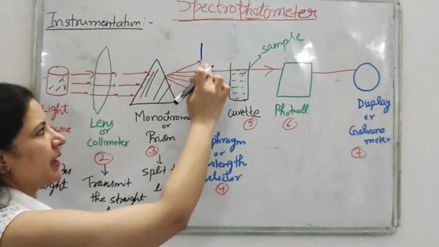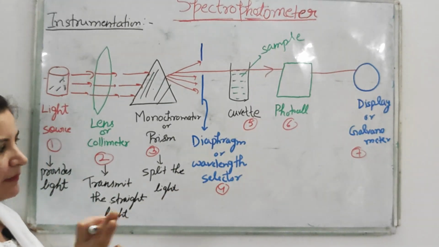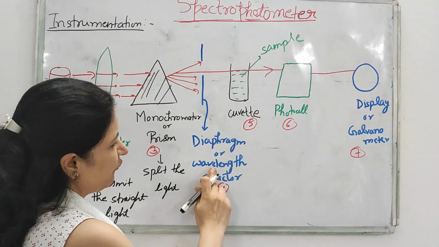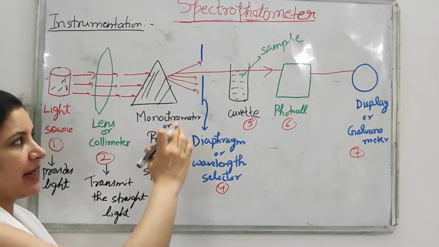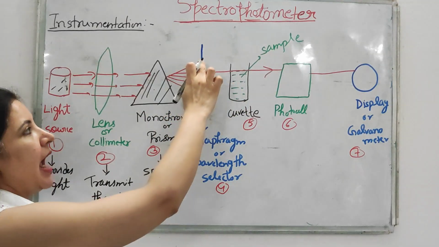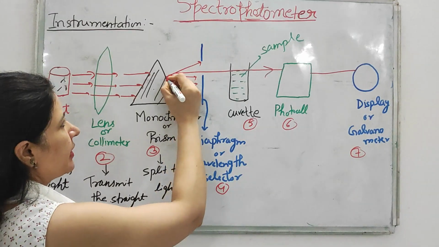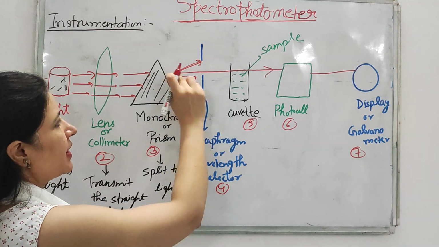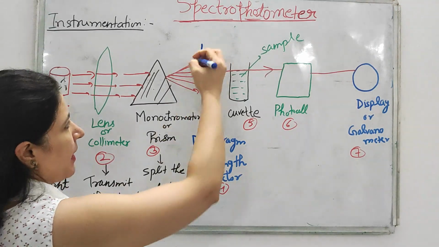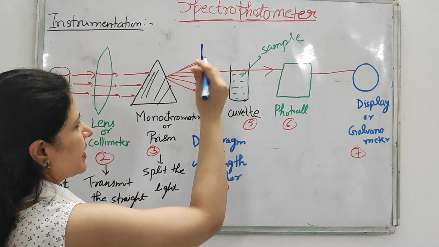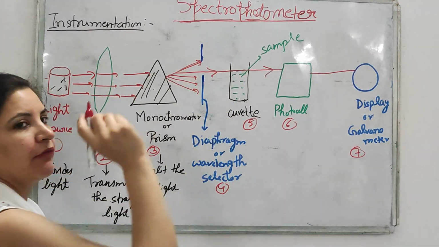After the monochromator, there is a slit or diaphragm, also known as wavelength selector. As the name suggests, the function of this wavelength selector is that it will select a particular wavelength of light and allow it to pass. The function of the monochromator is to split the light, but when it passes through this diaphragm or wavelength selector, it will select and pass on a particular wavelength of light.